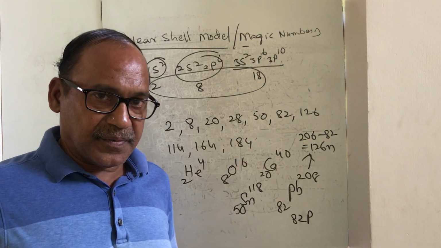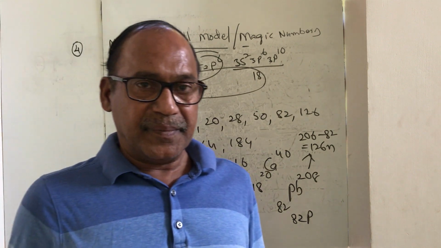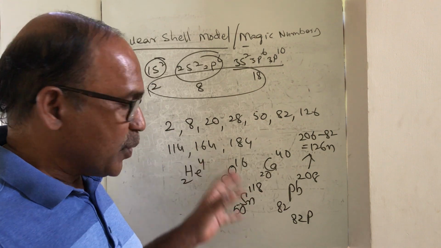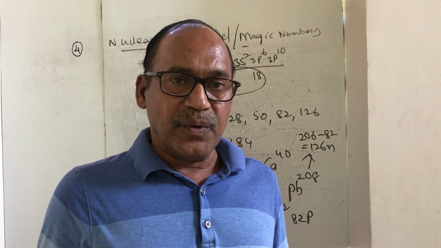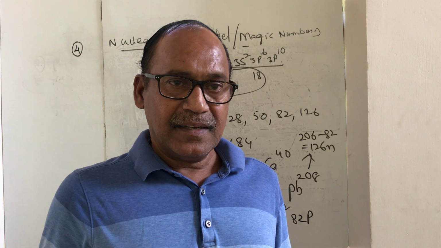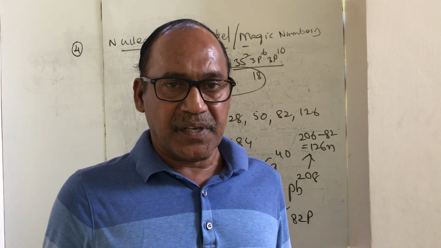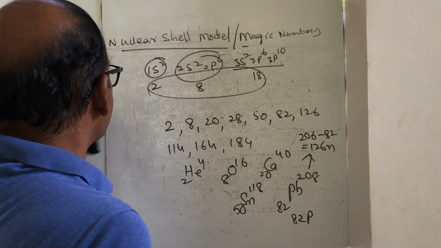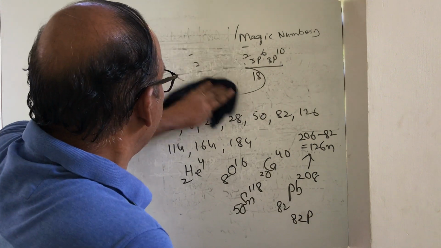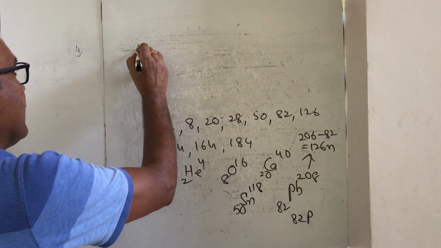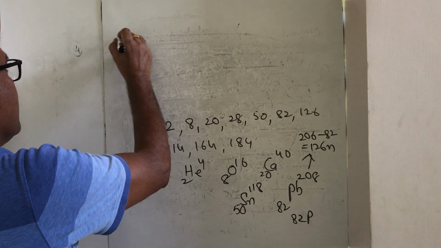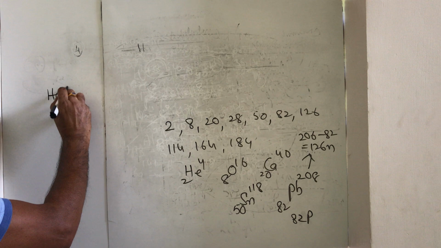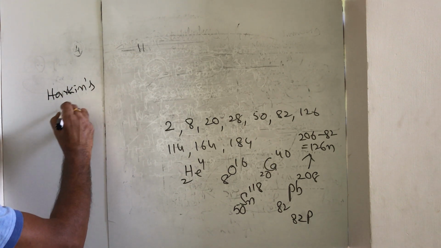Now, what is the importance of these numbers, magic numbers? We call them the magic numbers. Just like electrons are paired in the electronic shells, nucleons are also paired in the nucleonic shell. And when they are paired, they are found to be stable. And one rule was proposed that is called Harkins' rule.